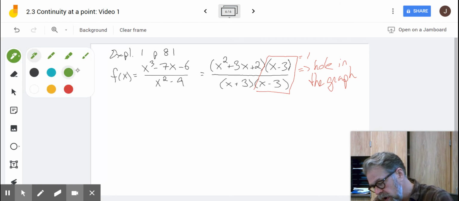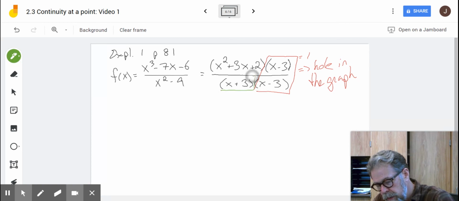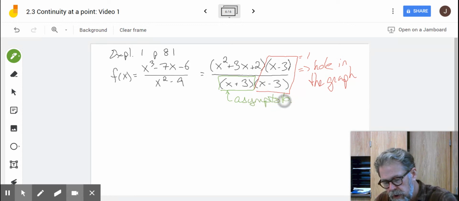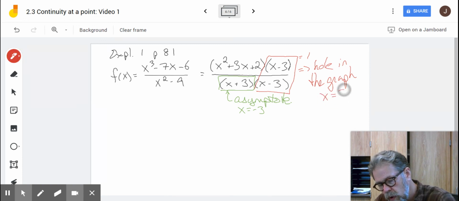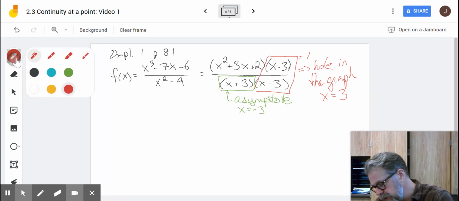And then, very quickly, and you probably remember this from Algebra 2, this tells us that there's a vertical asymptote on the graph. So at x equals negative 3, there's a vertical asymptote, and at x equals positive 3, there is a hole in the graph.